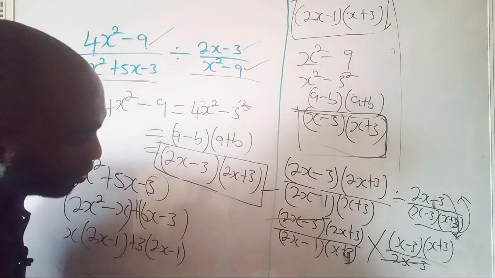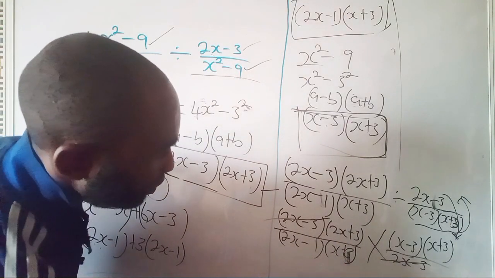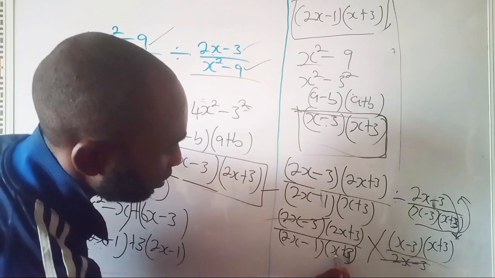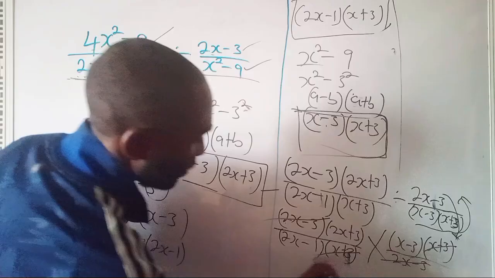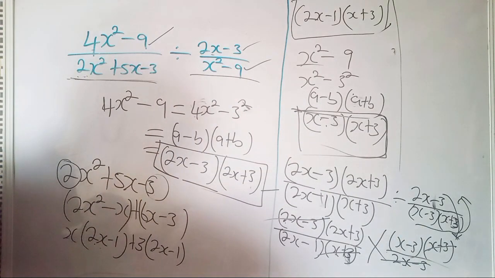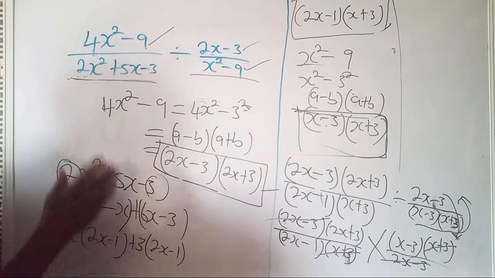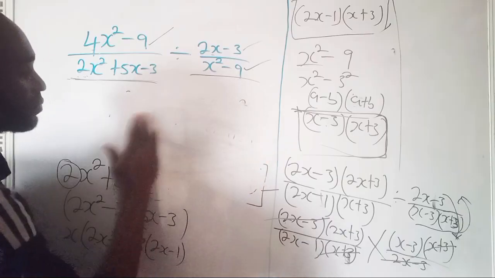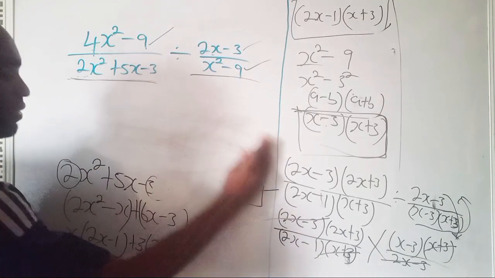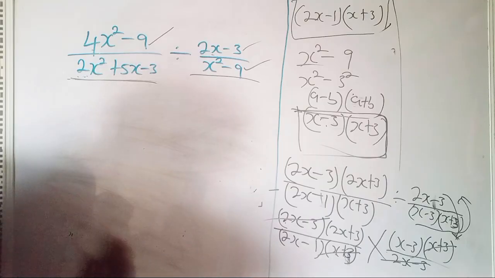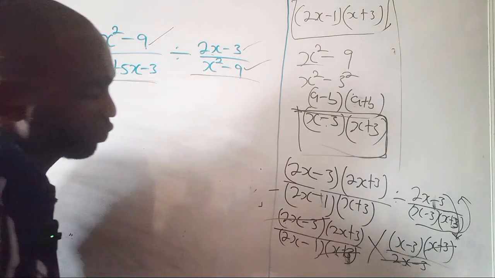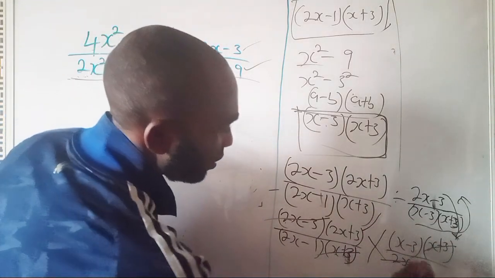Another factor that is common is, okay, 3 plus x and 3 plus x is common. Let's cancel out. So now, after cancelling out everything that is common, let's bring it together. So what is left is this and this.